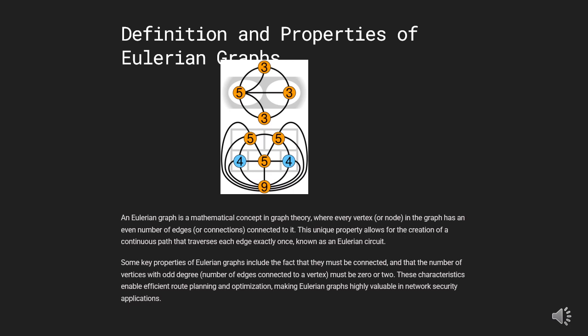Some key properties of Eulerian graphs include the fact that they must be connected and that the number of vertices with odd degree must be 0 or 2. These characteristics enable efficient route planning and optimization, making Eulerian graphs highly valuable in network security applications.